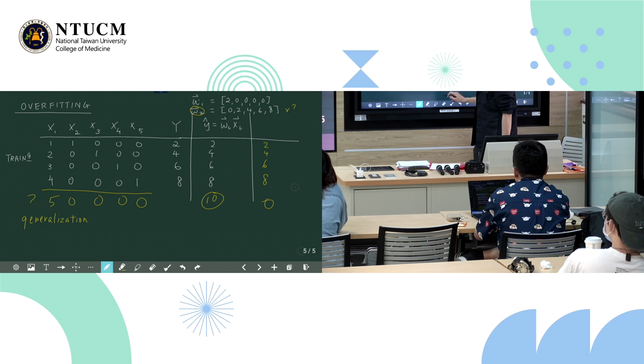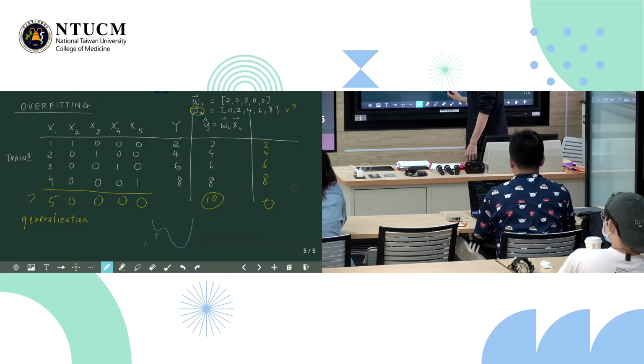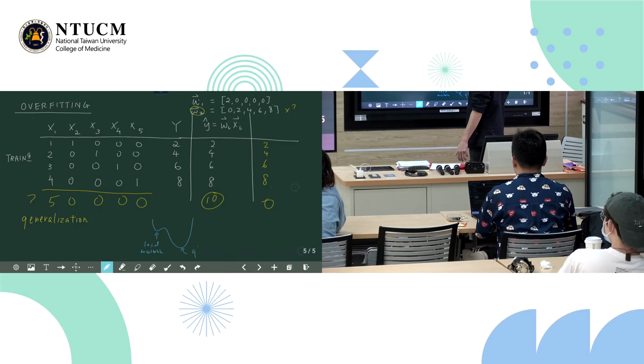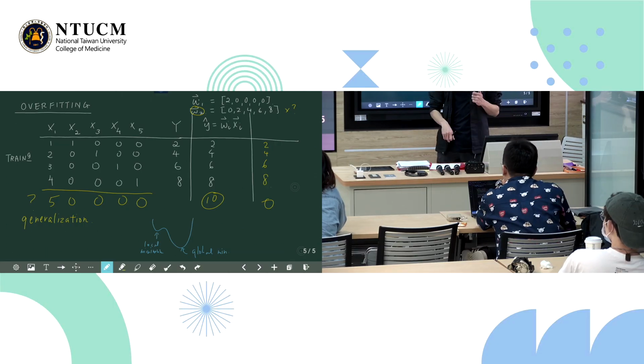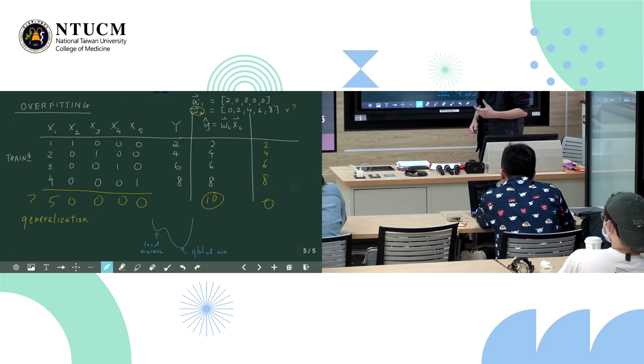Okay, so this is precisely the issue: this is the local minima effect. And this is the global minimum, okay? Perhaps when you say that the answer is 2, you are capturing something that's a global minimum.